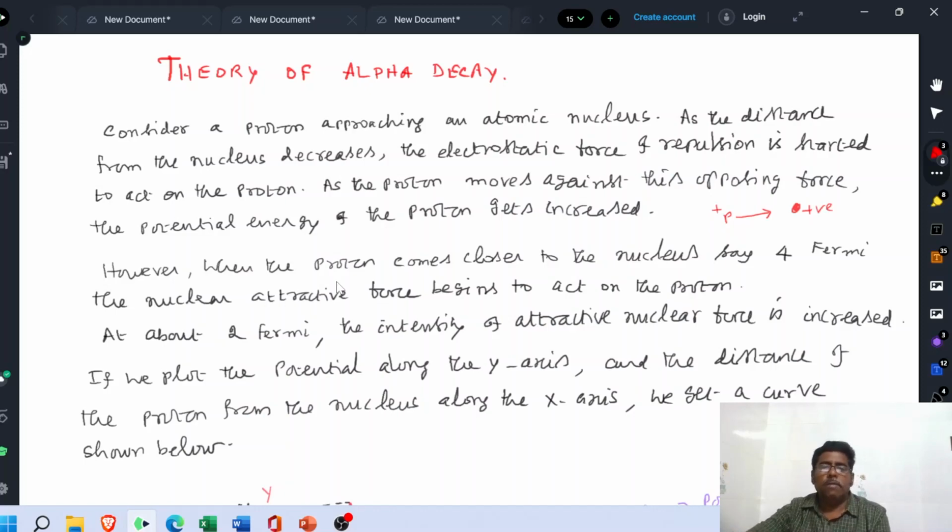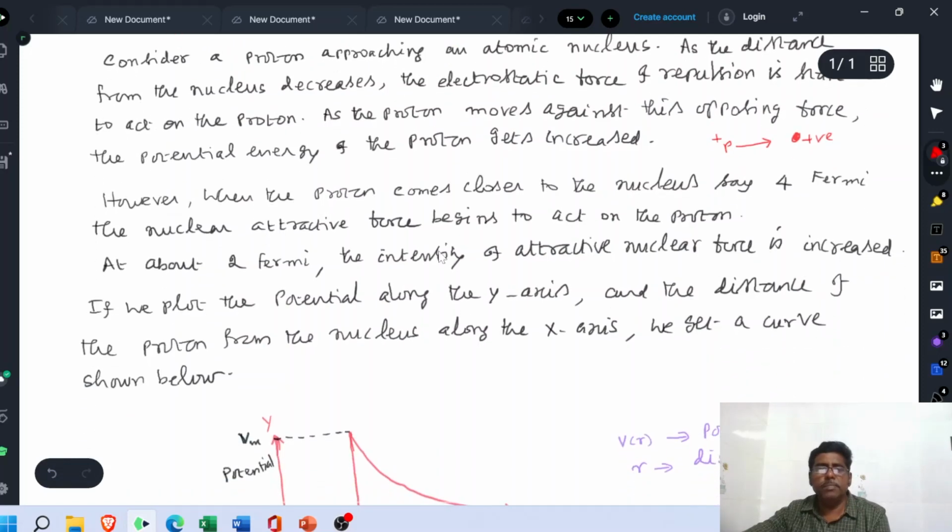However, when the proton comes closer to the nucleus, say 4 Fermi, the nuclear attractive force begins to act on them. When a proton is moving towards a positively charged nucleus, a repulsion is developed.